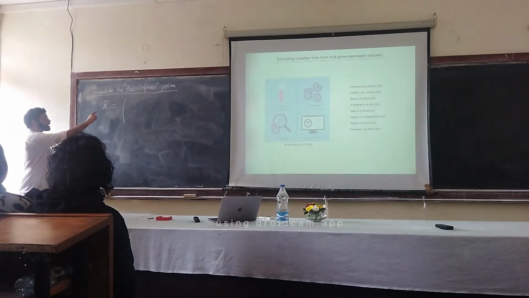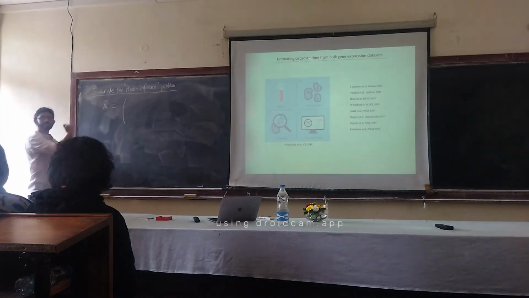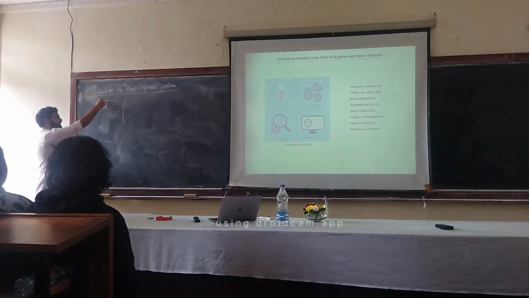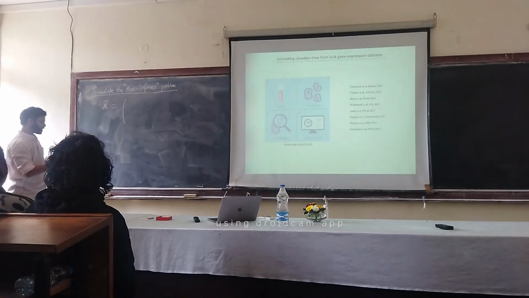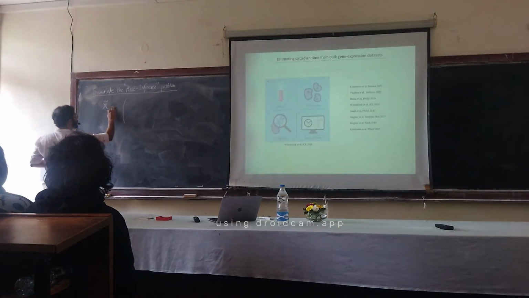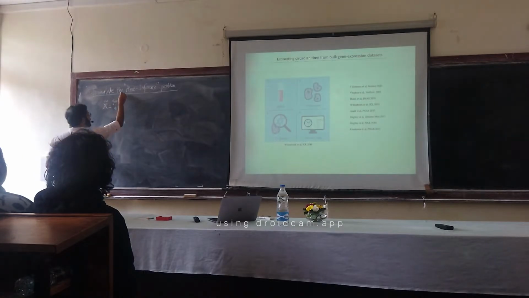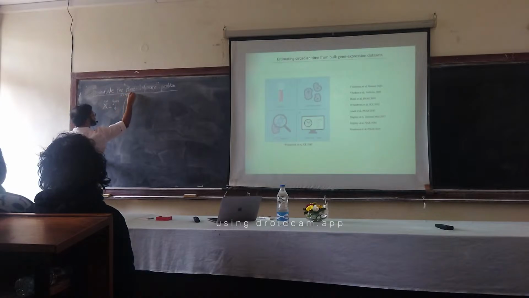So throughout the lecture, my matrices will be denoted with a tilde. Okay, vectors will have a dash. So what data looks like is the following. On the rows, you have genes, and here on the columns, you have samples. And I'll tell you what this means.